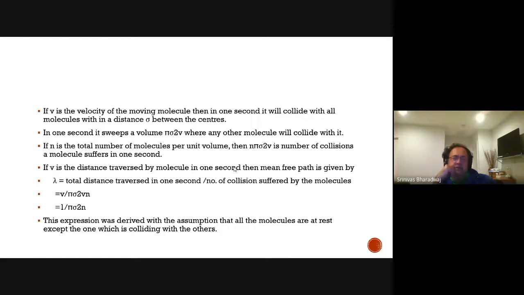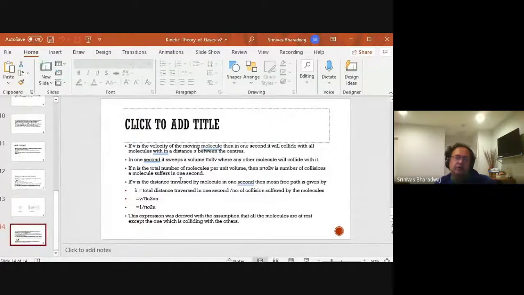This expression was derived with the assumption that all molecules are at rest except the one which is colliding with the others. This mean free path derivation is the second derivation with respect to the kinetic theory of gases.